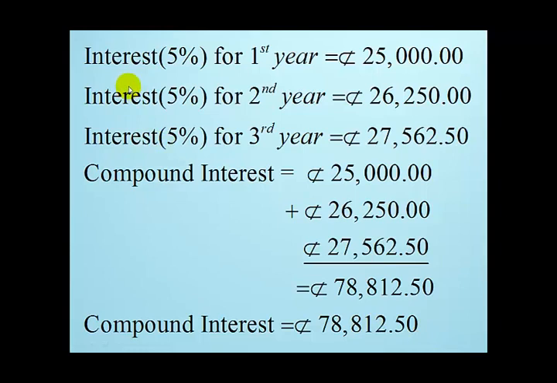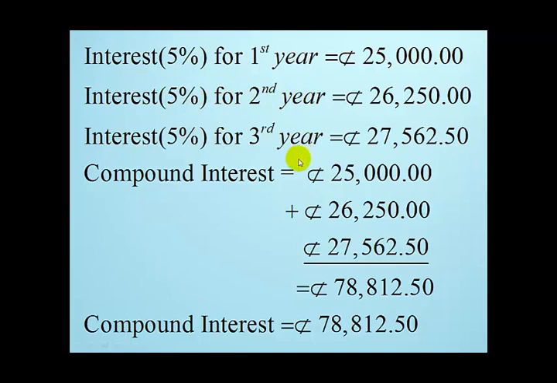Now, the interest, that is 5% for the first year, from our calculation, we have 25,000 cedis. The interest, 5% for the second year, we have 26,250 cedis. And the interest, 5% for the third year, equals 27,562 cedis, 50 pesewas. So if you want to find the compound interest, then we have to add the interest for the first year to the interest for the second year to the interest for the third year.